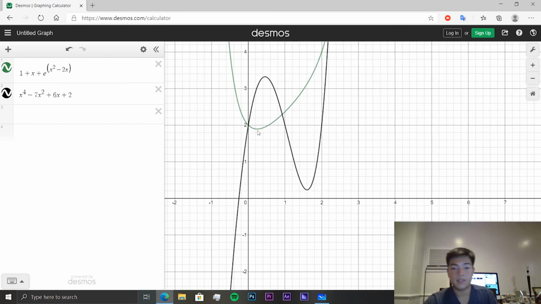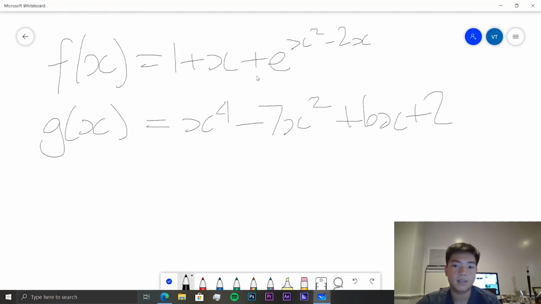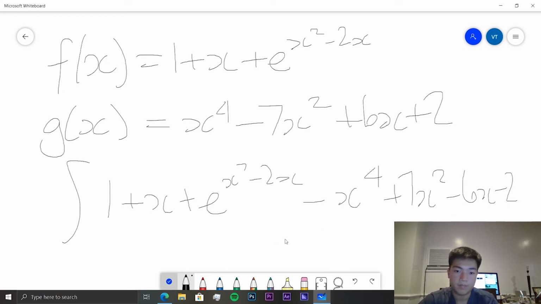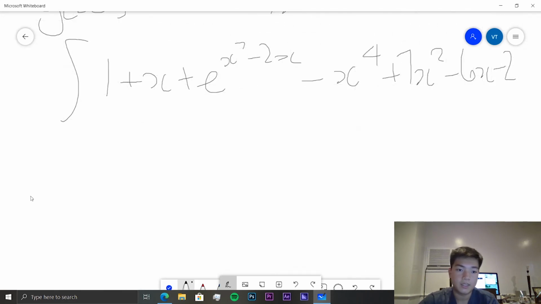So anyways, let's integrate. So we have the integral of f of x minus g of x. So that is 1 plus x plus e to the x squared minus 2x minus x to the 4 plus 7x squared minus 6x minus 2. So let's just clean this up a bit.